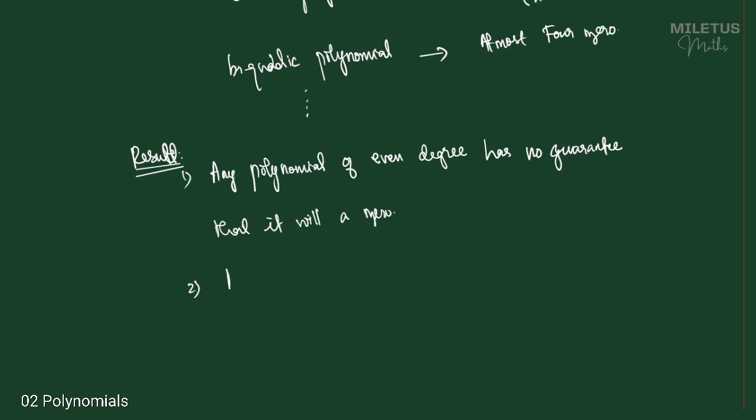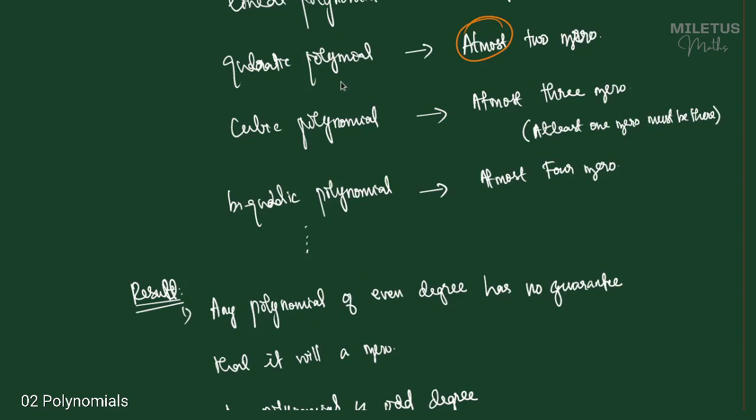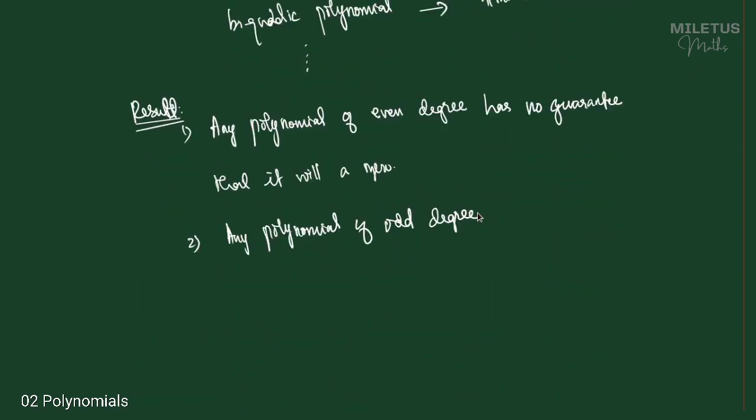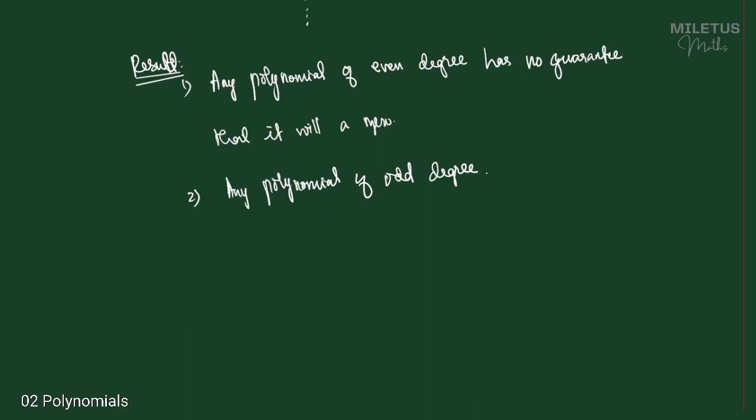But any polynomial of odd degree, if the polynomial is of degree 3, or degree 1, or 5, I can confirm that it will have, any polynomial of odd degree must have at least one zero.